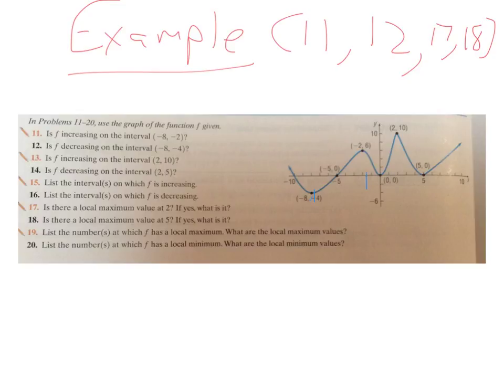Alright, if you were to pick any two x values, say right here, from -6 to -3, you can tell that the smaller x value, f of -6, is actually less than f of -3. And that applies to any x value on this interval, so the answer would be yes.